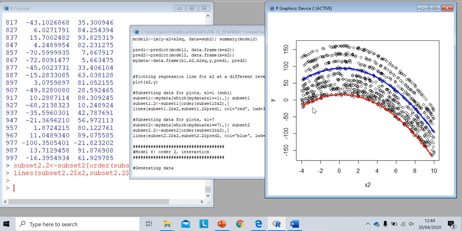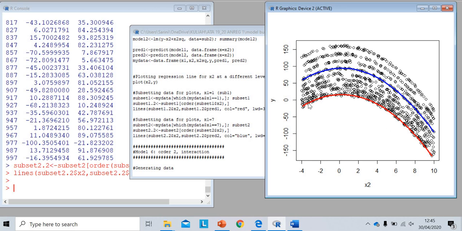So it's quadratic. Yes, that's true that the relationship between x2 and y is quadratic.